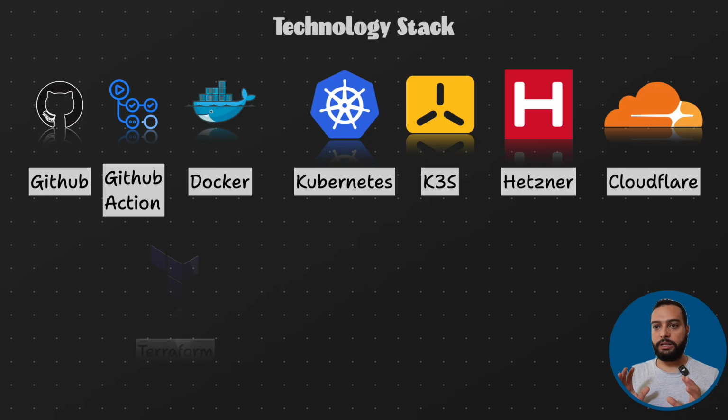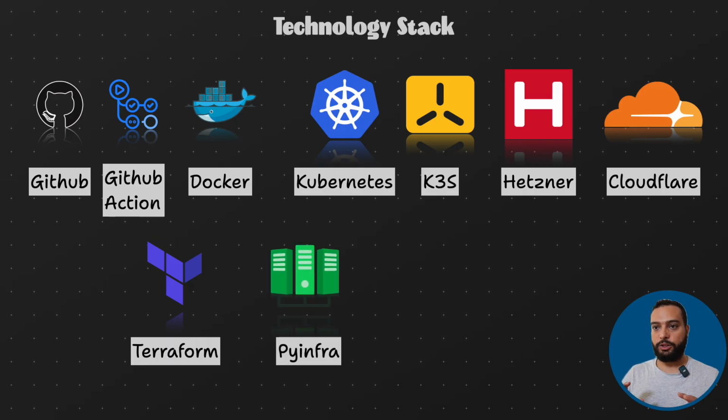I will be using Terraform as my tool of choice for infrastructure as code, with PyInfra to actually provision the Hetzner instance. If you're not familiar with PyInfra, it's an automation tool similar to Ansible. In order to build the actual Kubernetes manifests, I will be using JSONnet.